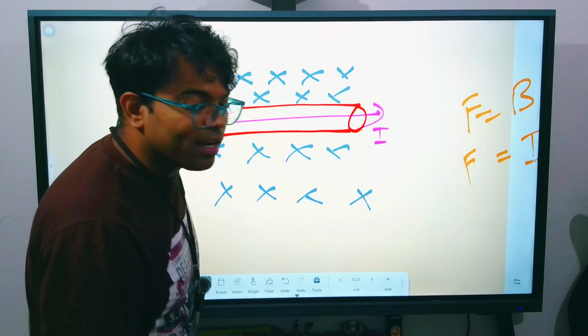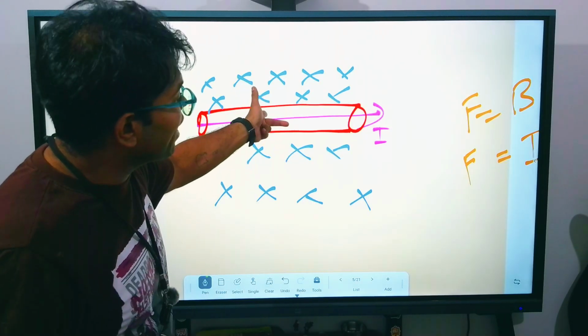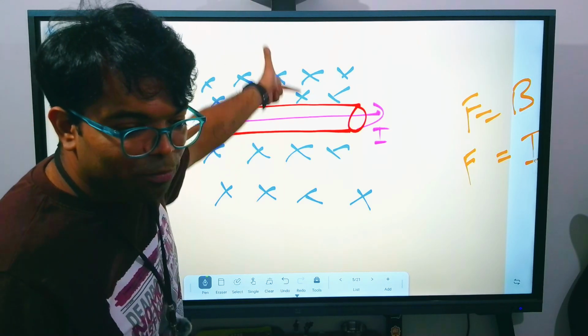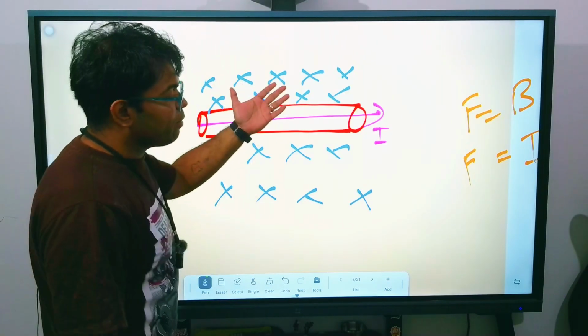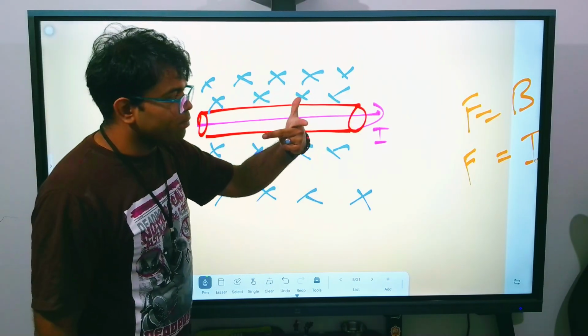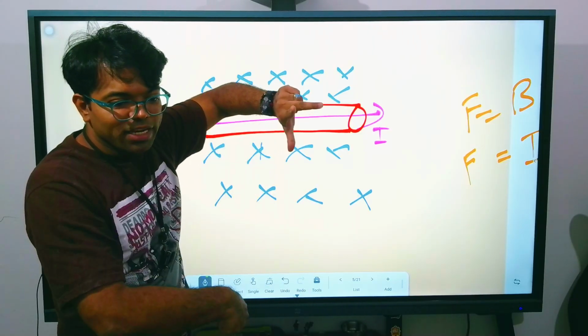Now using Fleming's left hand rule, current is in this direction, magnetic field is in this direction. Where is the thumb pointing? Upwards. Now, if the magnetic field is in the outward direction, you point the magnetic field like this, you point the current like this, and the force is in the downward direction.